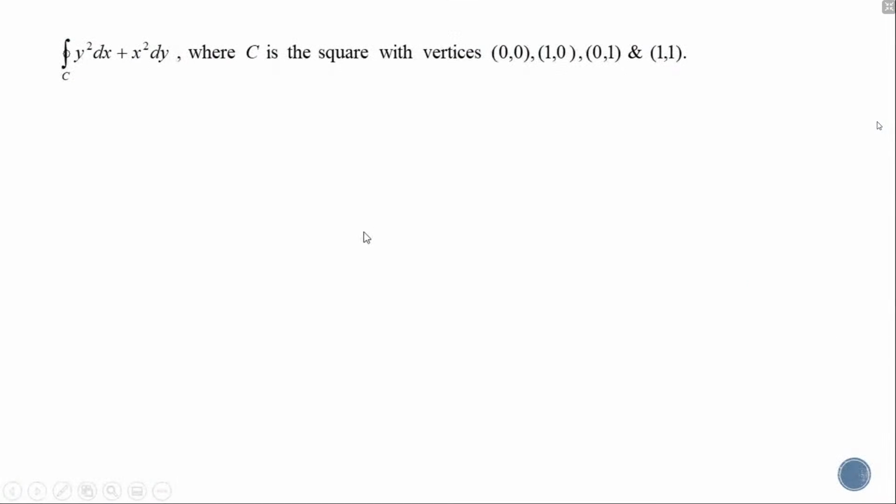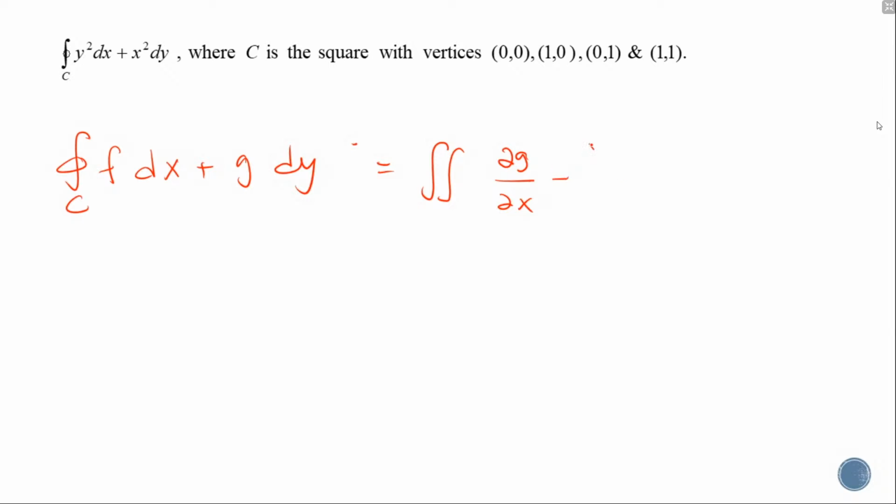Because here you have a closed region, Green's theorem says the integral of f dx plus g dy is equivalent to the double integral of differentiate g with respect to x minus differentiate f with respect to y, over the area.